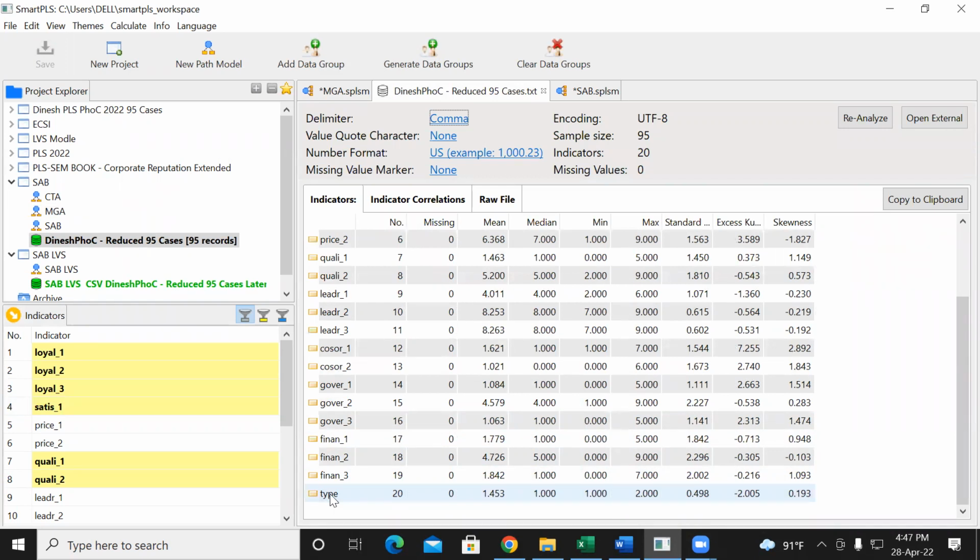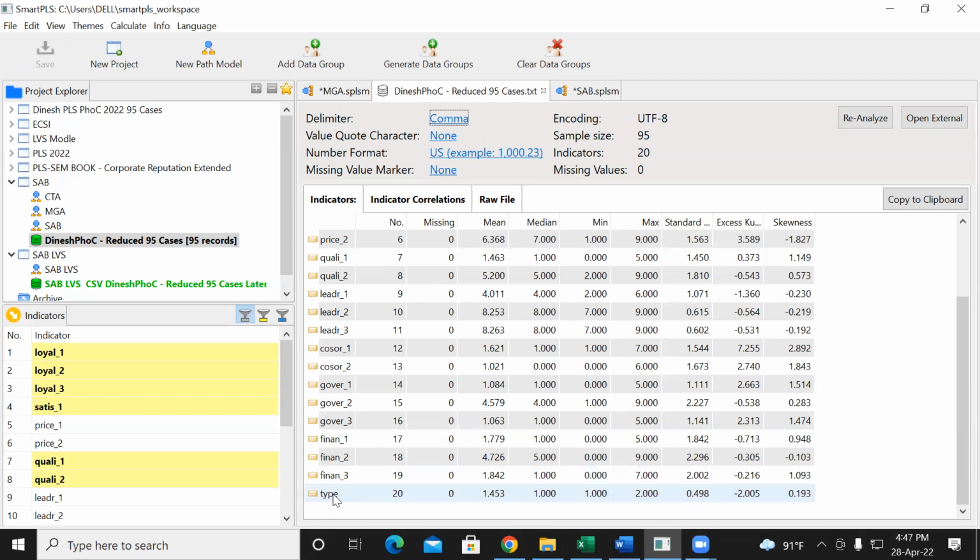This is a nominal one, a categorical variable. I have identified two groups of companies. Now I have measured their CSR, loyalty, and so many constructs. At the same time, I have identified the nature of the company, whether it's a profit-oriented company or not profit-oriented company. That's my type variable. That's a nominal categorical variable I have.